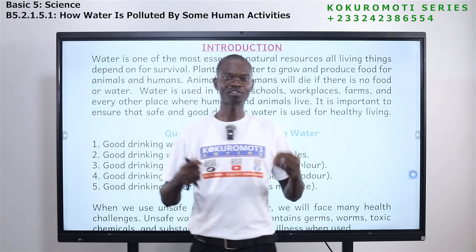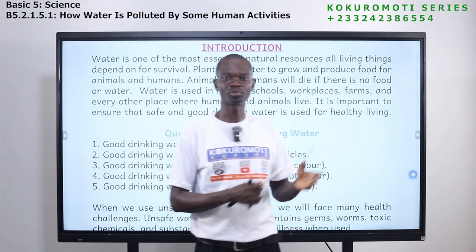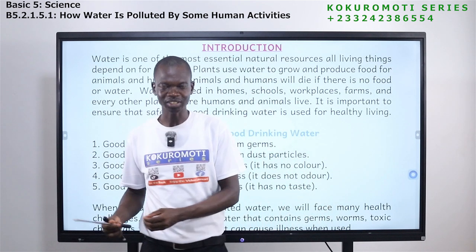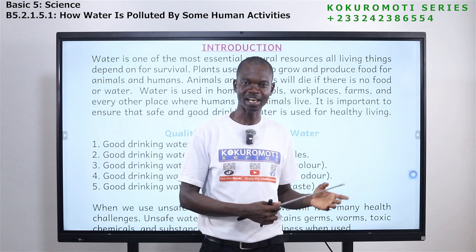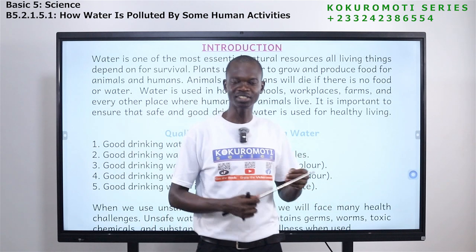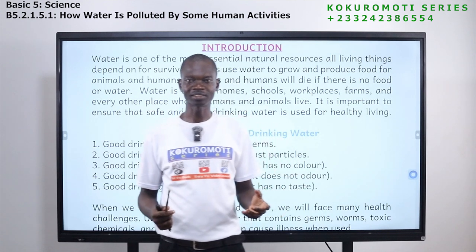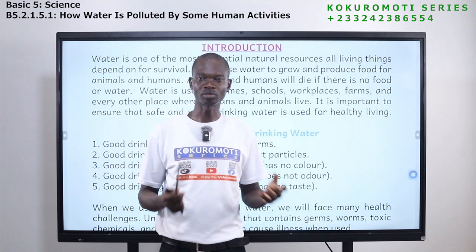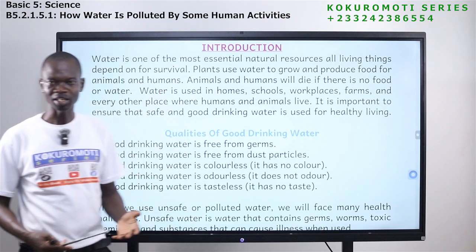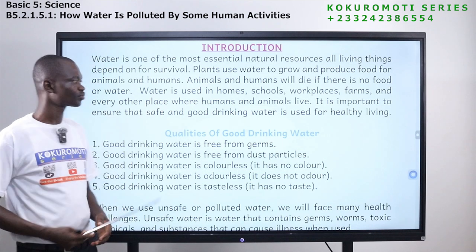If we want to live long, then we need to protect our water bodies. If we have good water, then it means we have life. So today we are looking at the activities that pollute our water bodies, because if our water bodies are polluted, our life will be affected. The life of animals will be affected. The life of plants too will be affected.